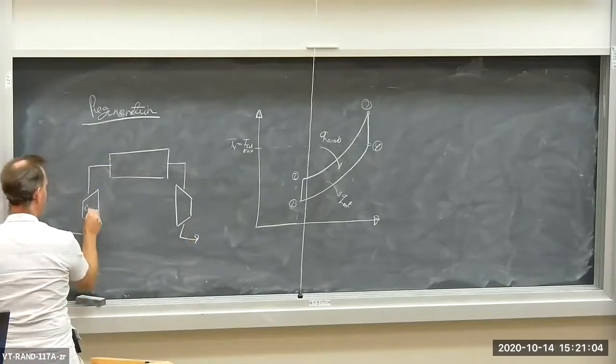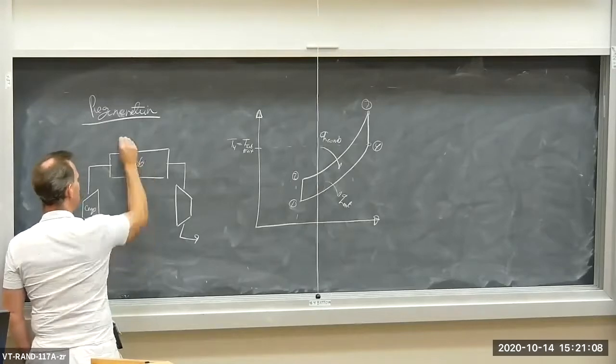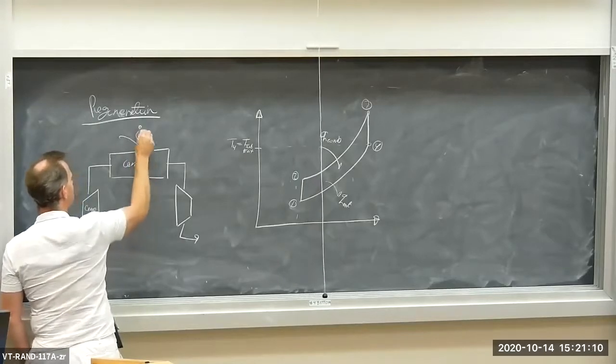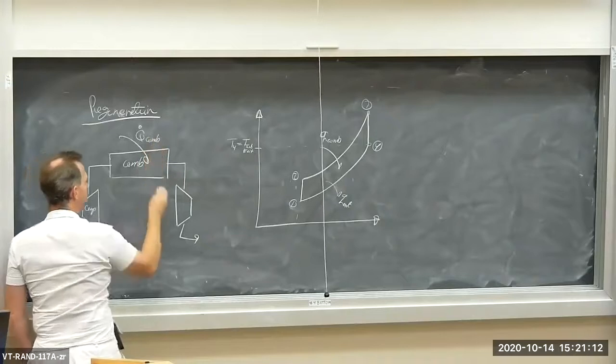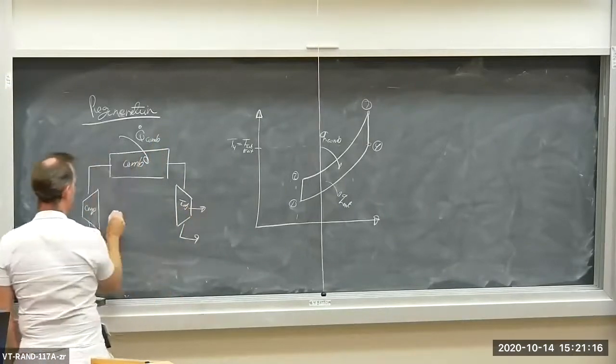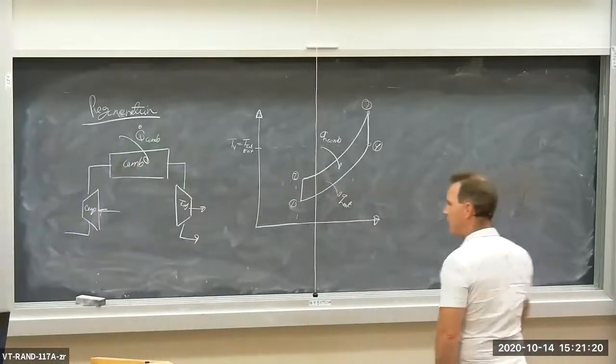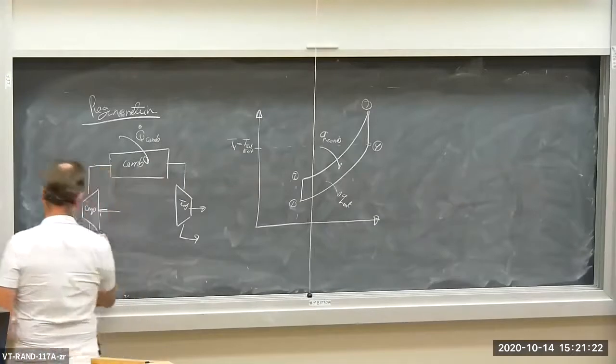So we have the compressor, we have the combustor where the heat is being added, and then we have the turbine. The turbine's producing some work and the compressor's consuming some work, okay? The states, state 1, 2, 3, and 4.